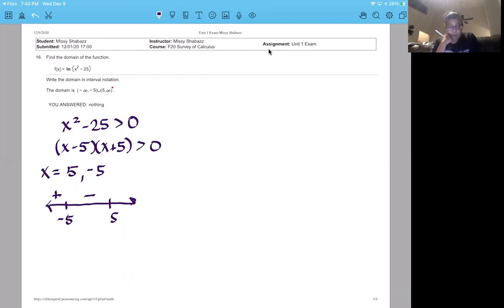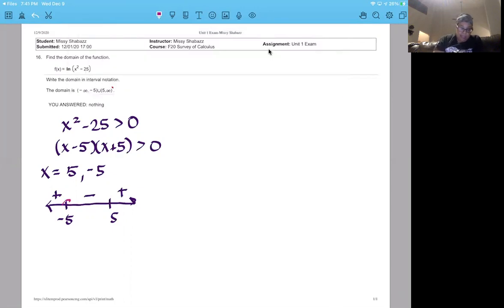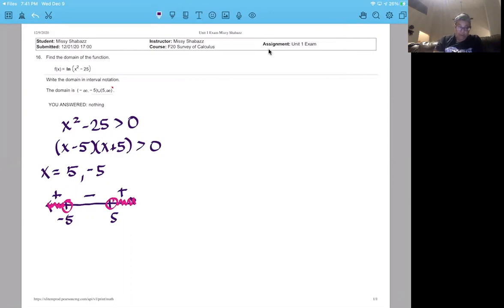If I chose something bigger than 5, say 6, I would get 1 times 11, so that would be positive. I want things that are greater than 0. I can't equal 0, so those are open circles. So my domain is going to be -infinity to -5, union 5 to infinity.